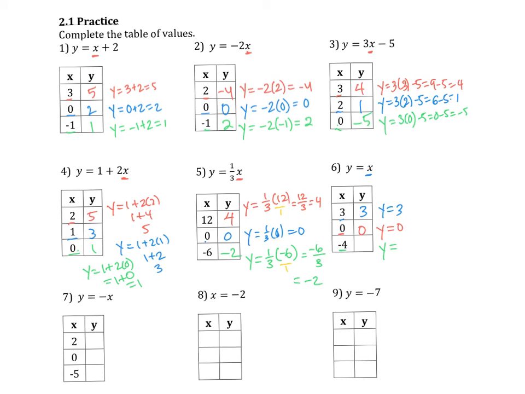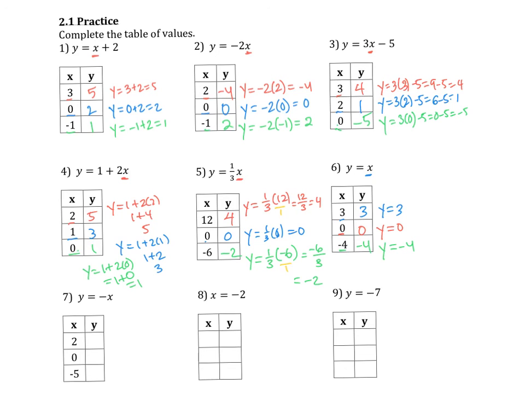Y equals x. What's x? Negative 4. Okay, so it says that the y and the x should equal each other, and they do. These match, these match, these match. Okay, so you should be able to do that in your head. Okay, and the last 3 are actually 3 of the easiest. They just look weird. But we're going to go over them so you know what to do.